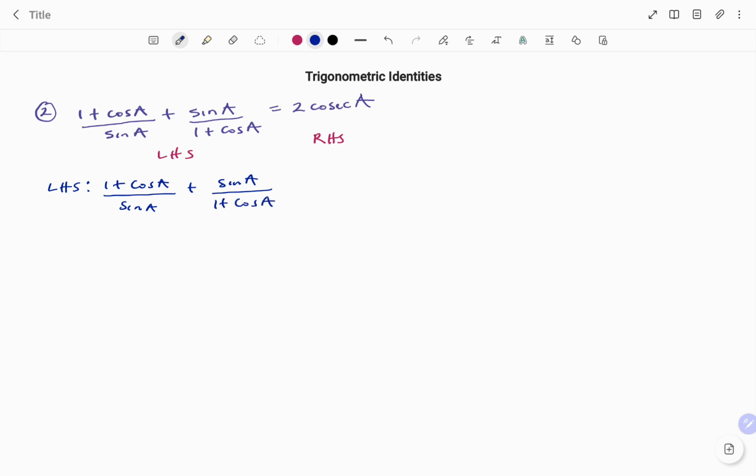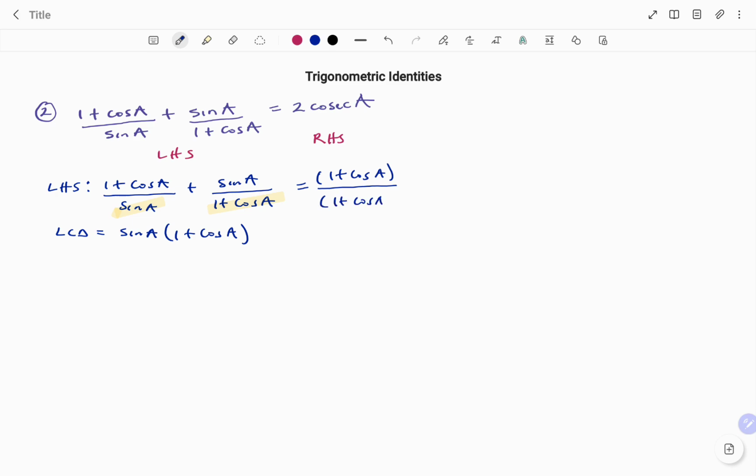To merge the fractions, I need to find my LCD, or my lowest common denominator, and in this case, that's sine A in bracket 1 plus cos A. Finding your LCD means your LCD has all the factors of your denominators as shown. So therefore, to put them under the same denominator, on the left-hand side, I'm going to multiply with 1 plus cos A, and whatever you do at the top, you do at the bottom.